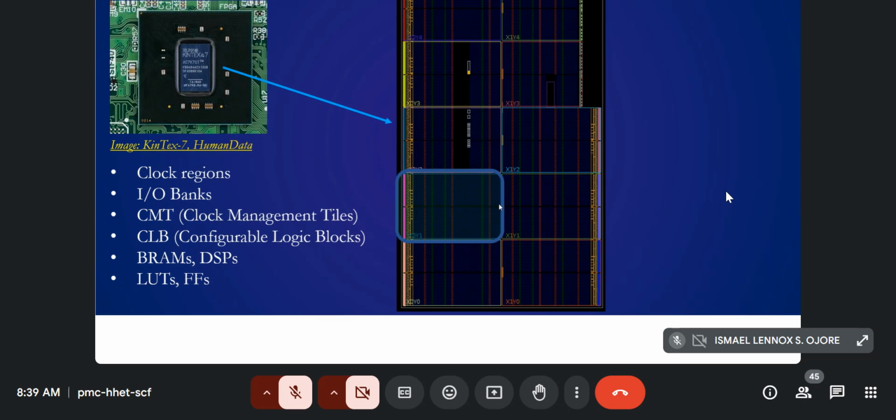Anyone? We have clock regions, input-output banks, CMT, CLB, BRAM, DSP, lookup tables, flip-flops. What makes FPGA programmable?